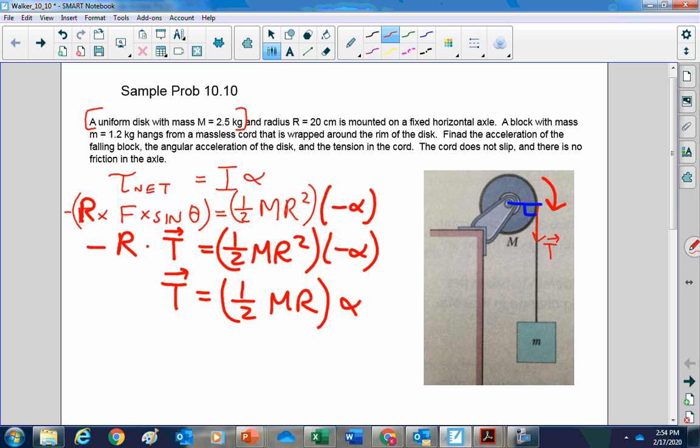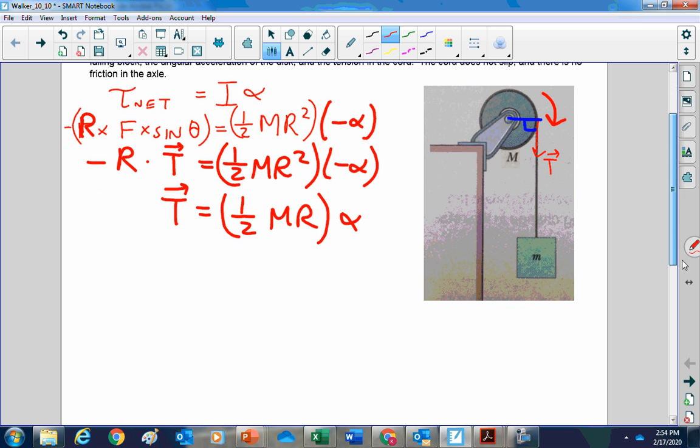I know I need more info, so for now let's leave that aside and tackle the little mass m, because I do know how to solve for its acceleration downward in terms of the forces on it.